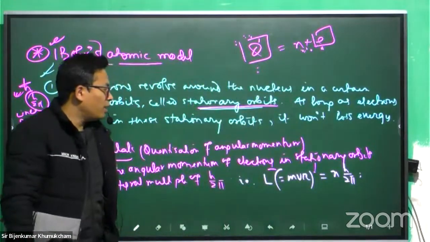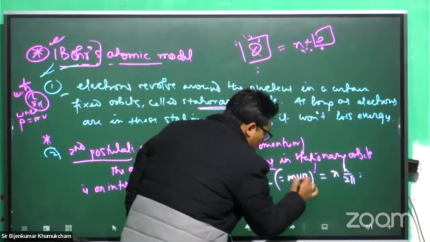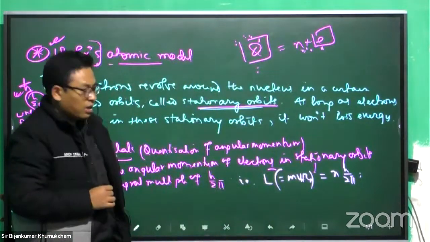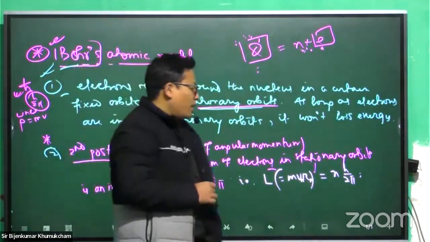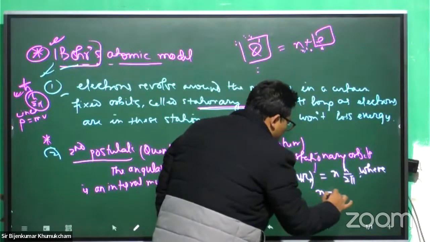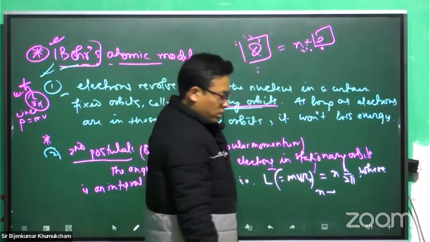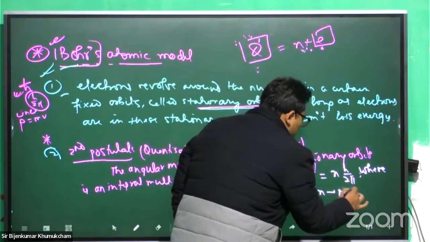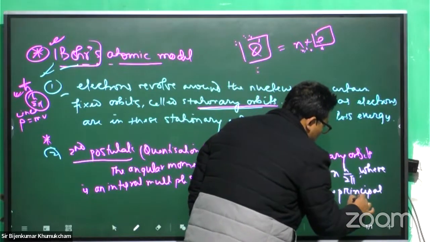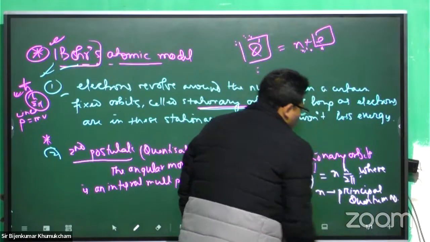Then let's define it: m v r n equals n h by 2 pi, where n is the principal quantum number. Then what is h?